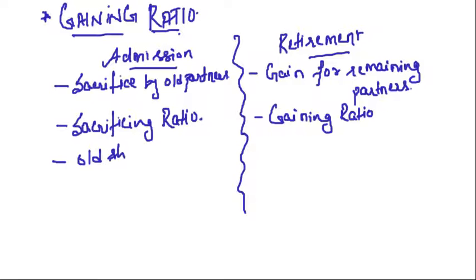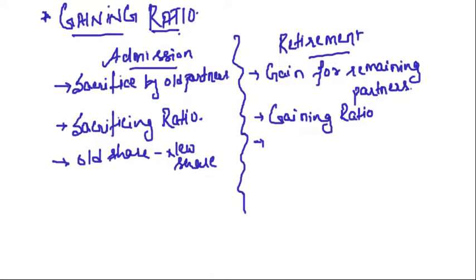We say old share minus new share, because when you are sacrificing some part of your share, your new share will be less than the old share. So old share, that is more, minus the new share, that is less, gives us the sacrifice. Clear?